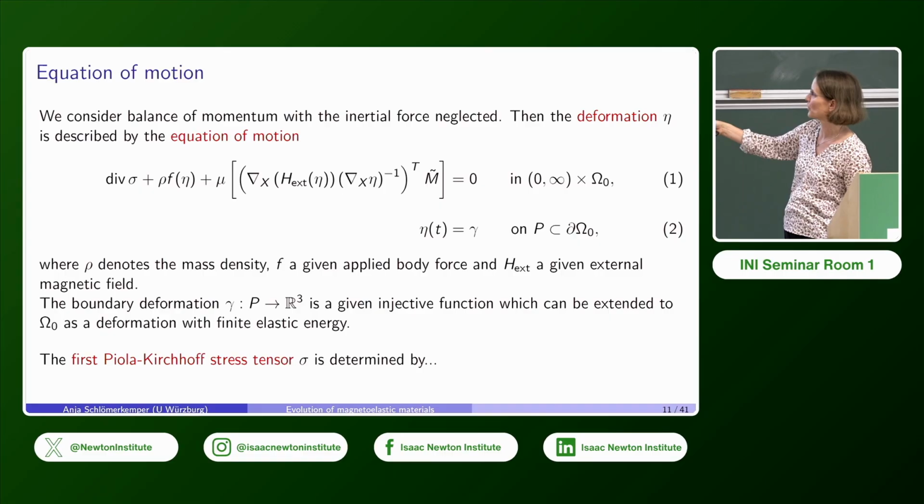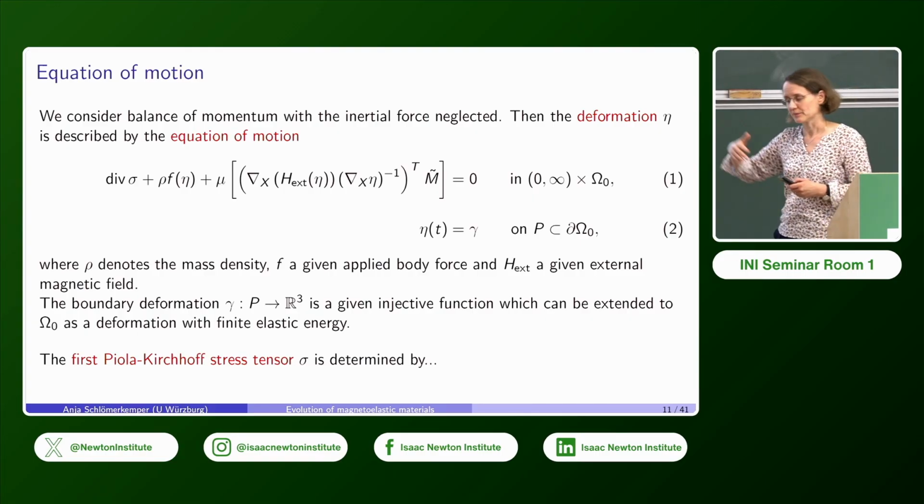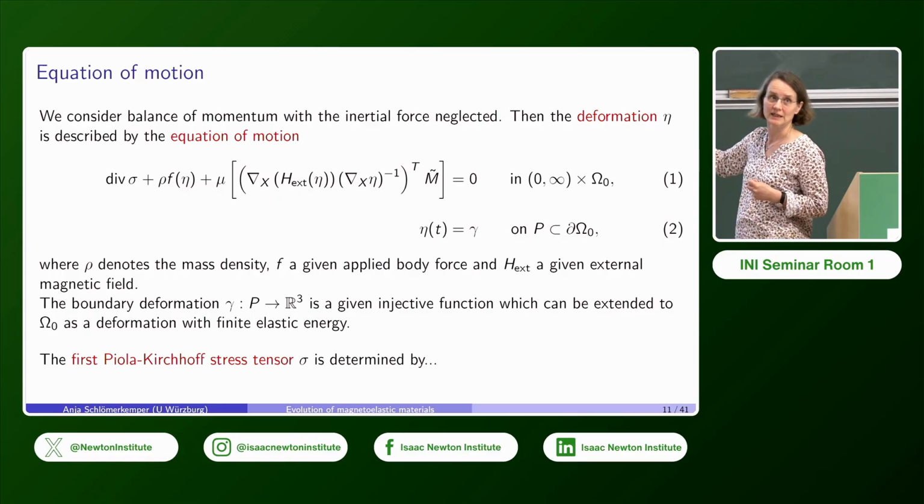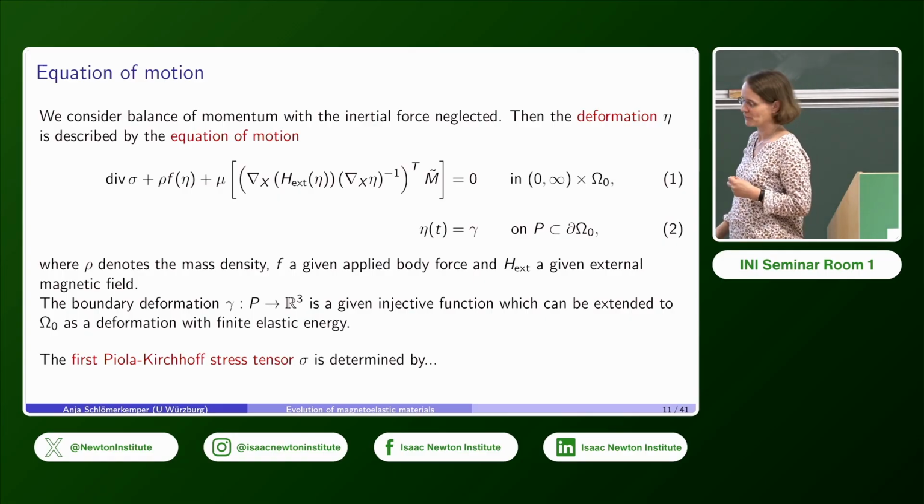Sigma is the first Piola-Kirchhoff stress tensor, which I'm going to define on the next slide. Then we have an external force, which could for instance be gravity. And we have here an external force coming from the external magnetic field that is applied. So this H exterior means the exterior magnetic field applied to our material.